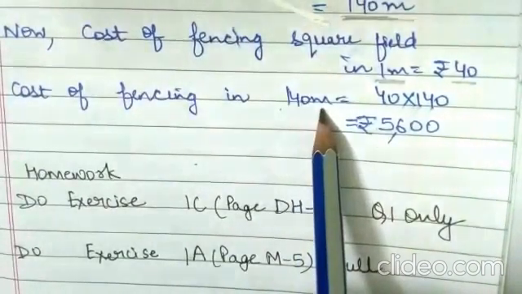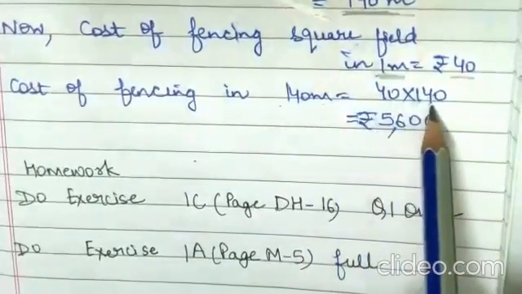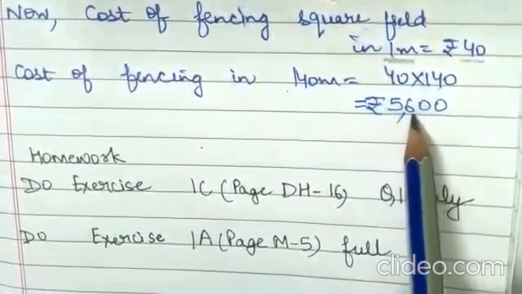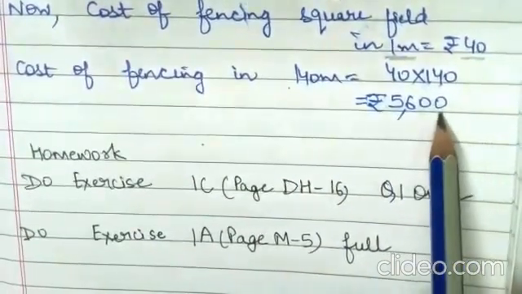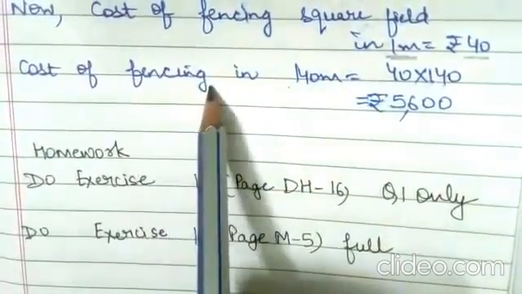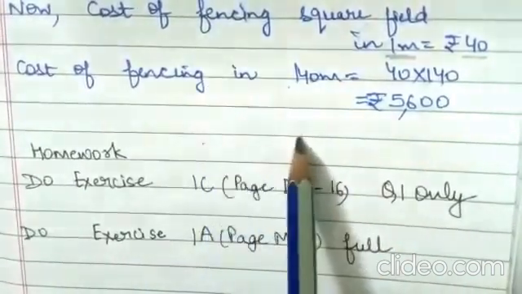So what we will do? We will do the multiplication and we get 5,600 rupees. So this is the total cost of fencing the square field.